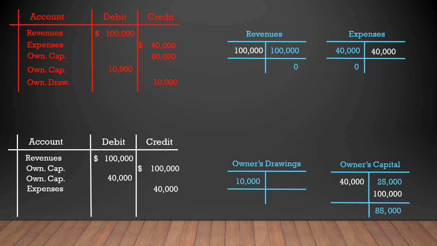Look at the result of posting these journal entries to their ledgers. The net effect of the debit and credit to owner's capital is a net credit of $60,000. The exact same amount as in our previous example.